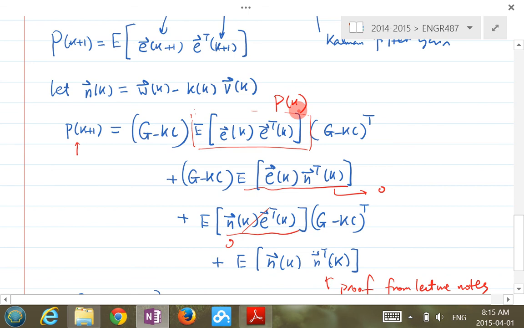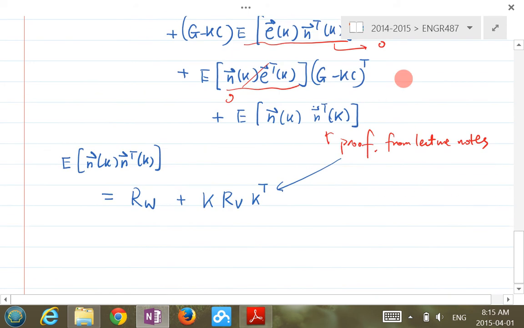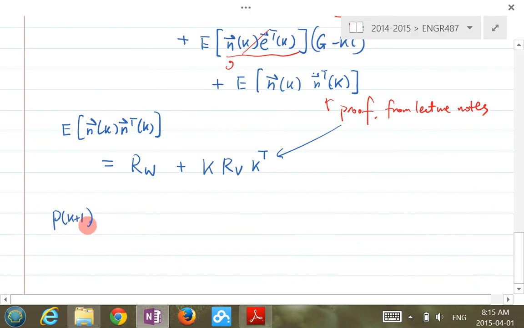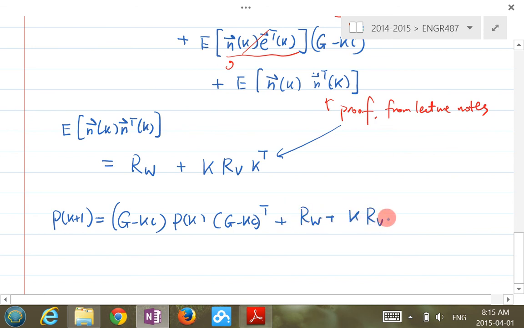It's P of K, right? So that basically gives us P of K plus 1 equal to G minus KC, P of K, times G minus KC transpose, plus this RW plus K RV and K transpose. So this is basically the result of this part of the derivation here.